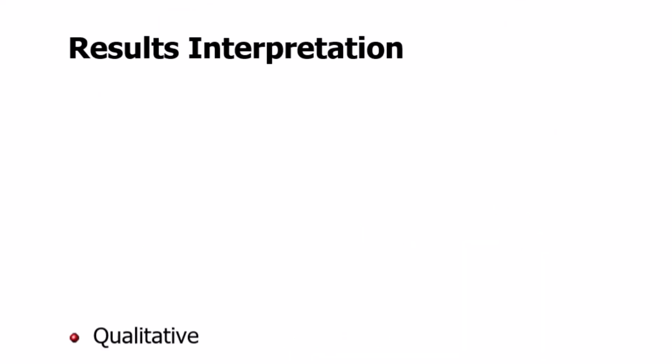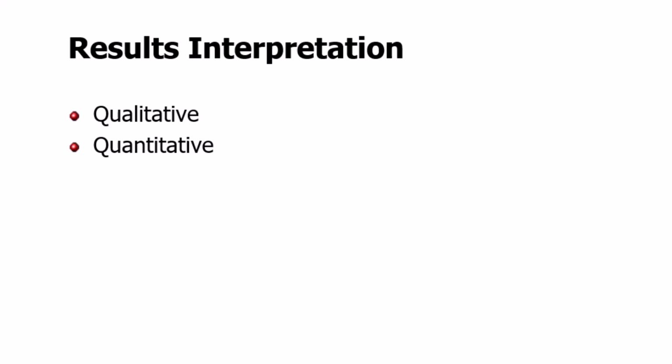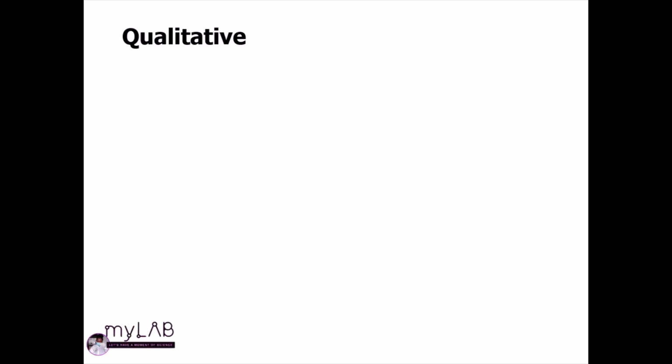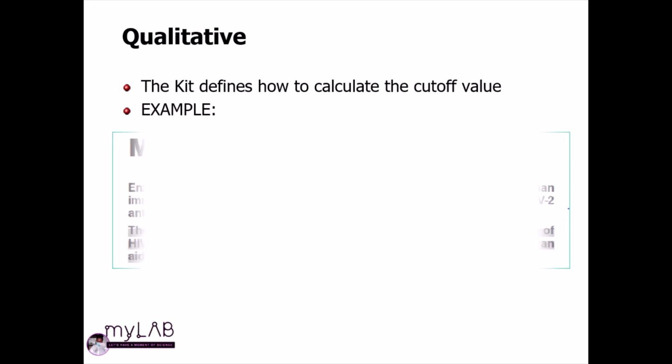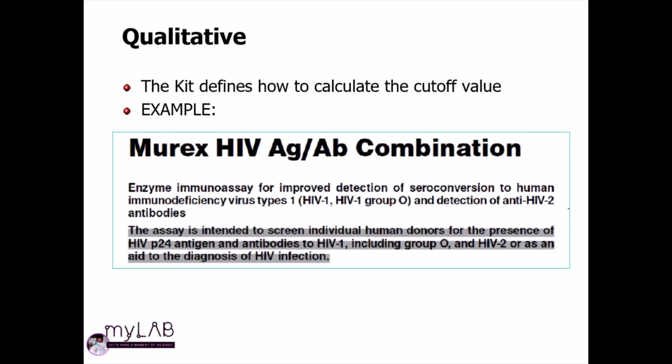So the results interpretation can be in two categories: qualitative results as well as quantitative results. For qualitative, we are going to be checking a kit that has been done by Murex for HIV antigen antibody combination testing.